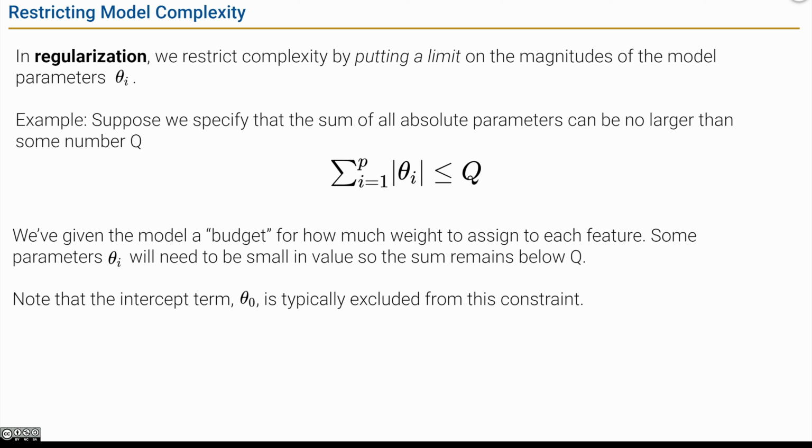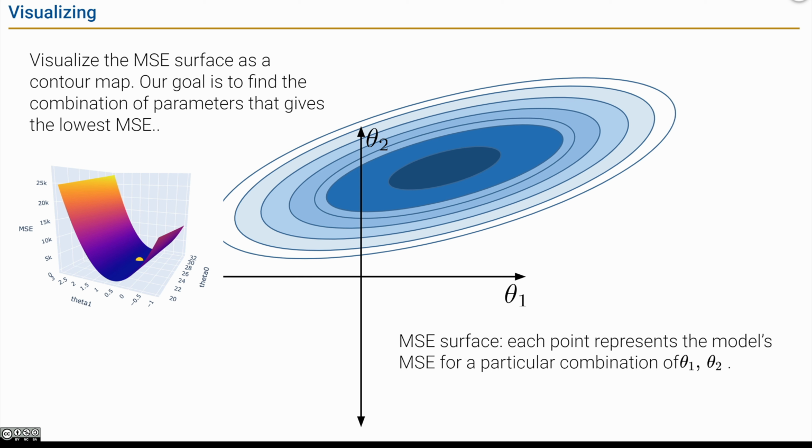I'm going to help you visualize this first because I understand this can be conceptually challenging to wrap your head around. So here's a visual, and before we get too far in this, I want to relate this to what we had been looking at, mean squared errors. Let's call this theta 1 and theta 2 just to be consistent. This was, for example, our mean squared error function when we were doing simple linear regression.